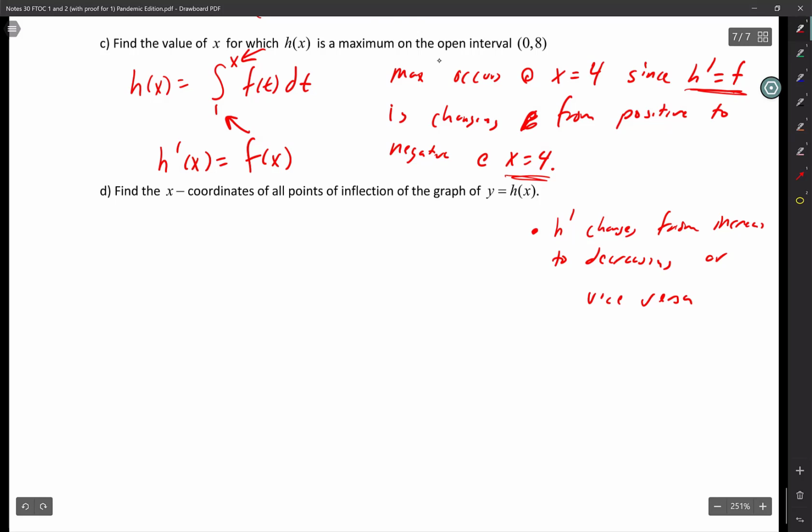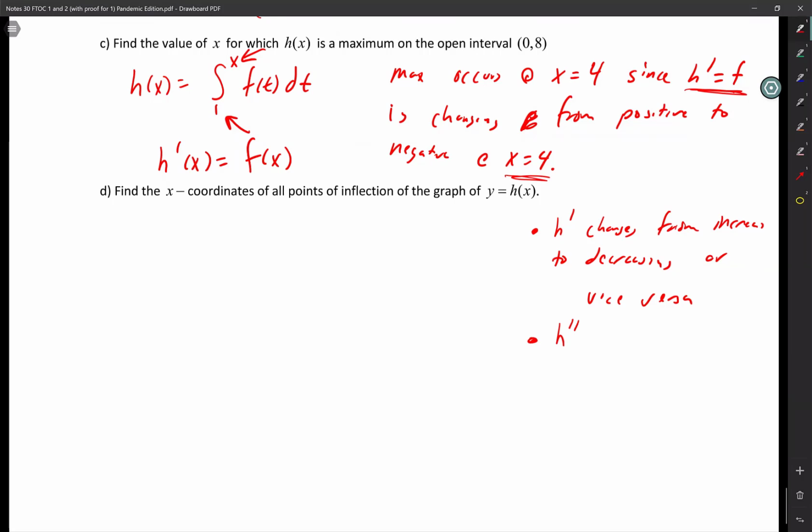Actually, there's three that you can do. What's the second one that I can say? Instead of h prime, what else can I say? Tell me something about the second derivative of h, or h prime prime. Zero or undefined? No, better than that.